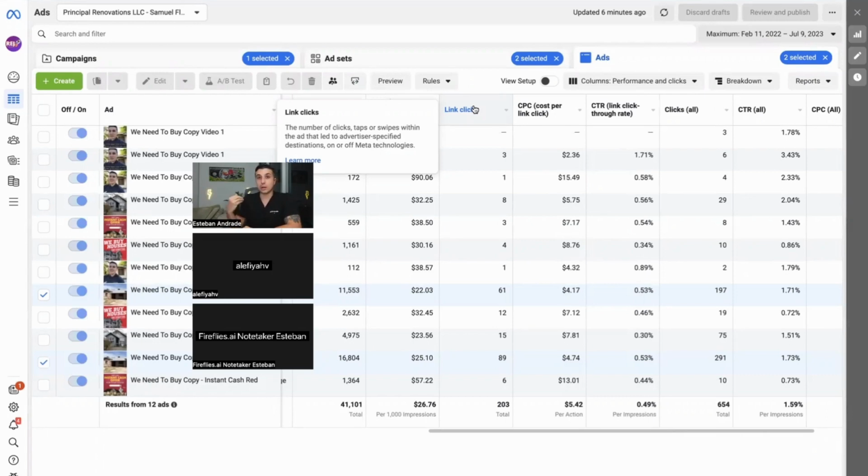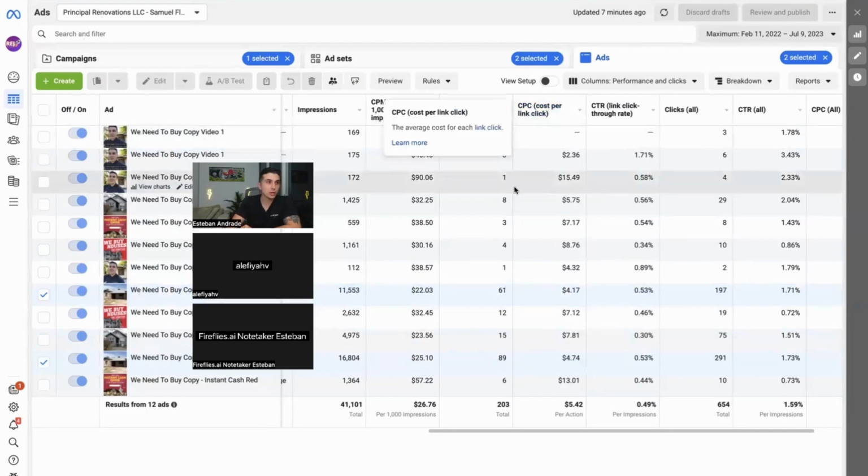So if you are not getting link clicks, take a look at your ad copy, take a look also at how you're targeting, and ultimately what's making them stop. It's the pictures, but ultimately it's your messaging as a whole.